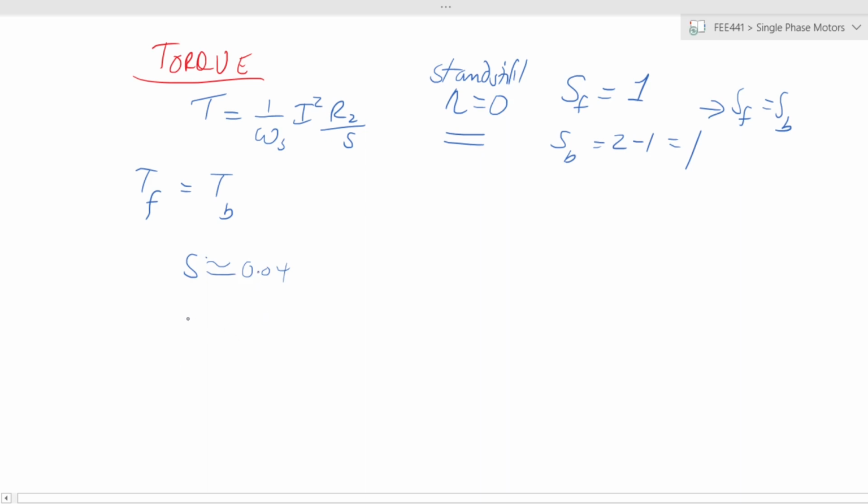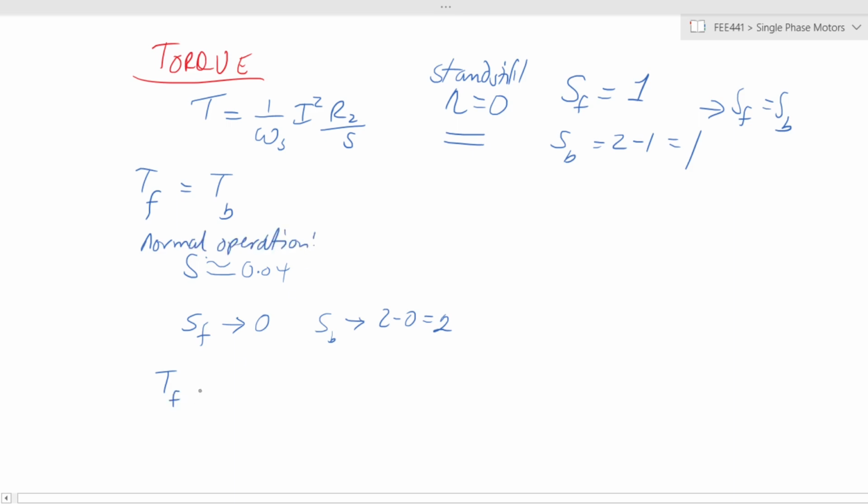SF in this case will be tending towards 0, and SB will be tending towards 2 minus 0, which is equal to 2. That means that the torque in the forward direction tends to be much higher than the torque in the backward direction. So let's call this normal operation.